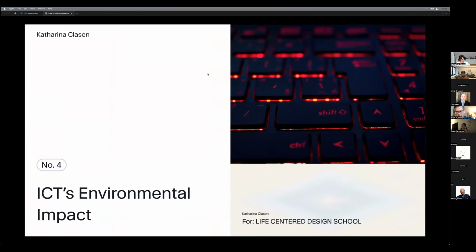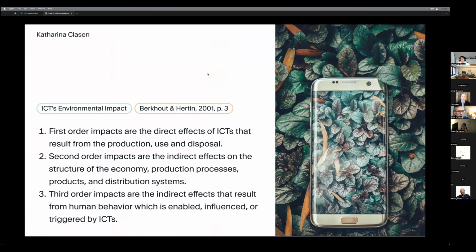To my next point, which is about the environmental impact of information communication technologies. I guess you might all know that, but ICTs have a large environmental impact, and they can be divided into direct effects and indirect effects.